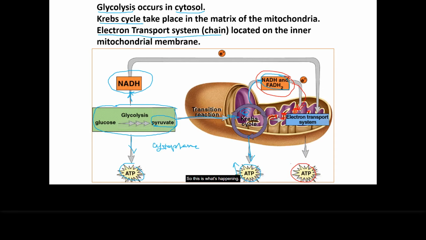So you can see different processes of cellular respiration occur in different places. Glycolysis in the cytosol, not even in mitochondria. Krebs cycle in the matrix of the mitochondria. Electron transport chain in the inner mitochondrial membrane.